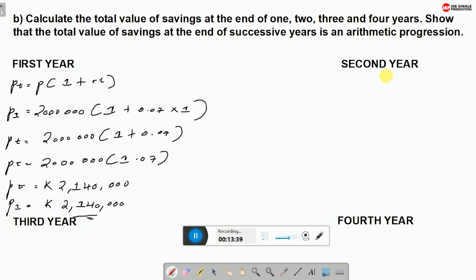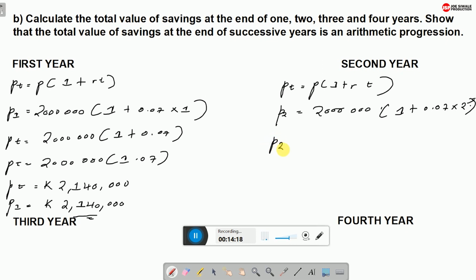So let us calculate in the second year. In the second year, we're going to say PT is equal to principal, open bracket, 1 plus RT. So the principal is 2 million, 1 plus our rate, 0.07, multiplied by the term, that's in the second year, so it's 2 years.